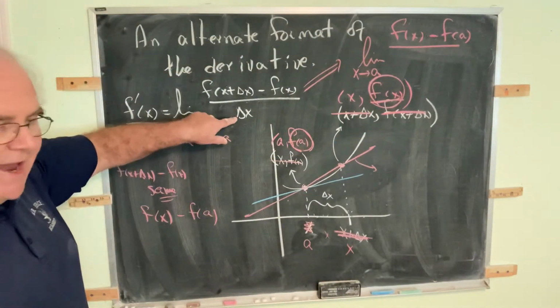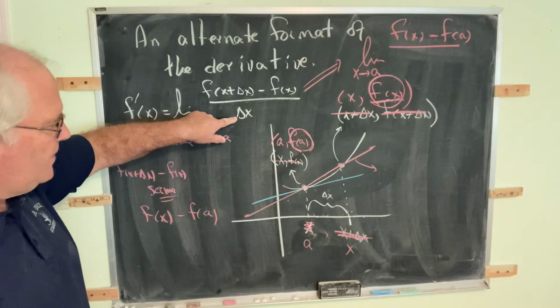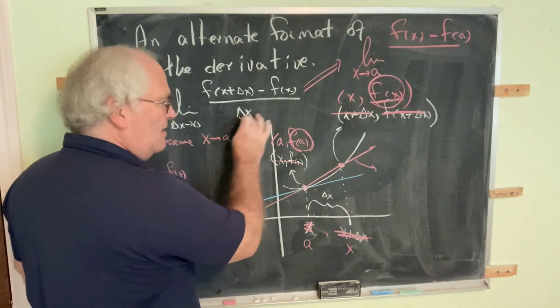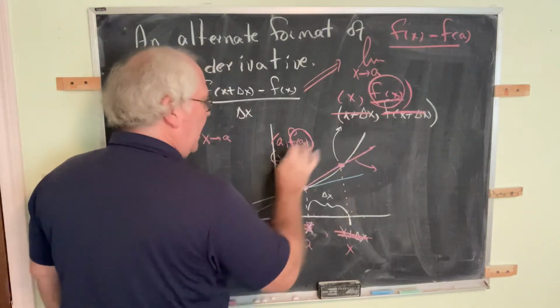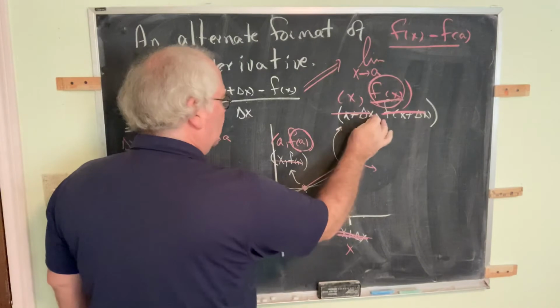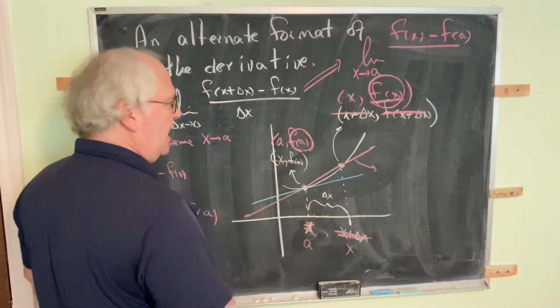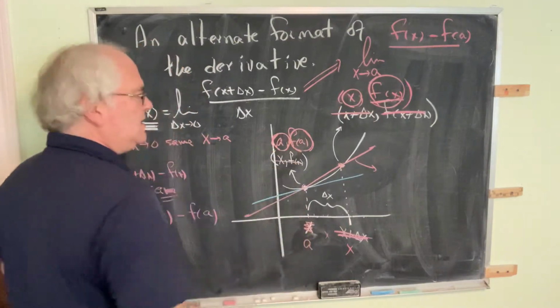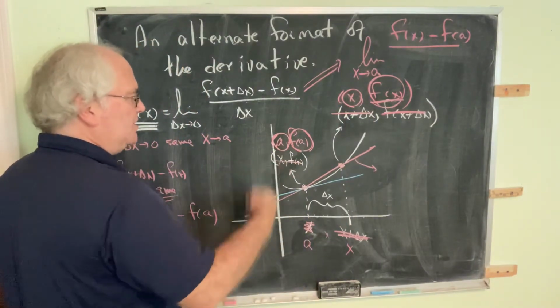And then what is delta x? Well, where did this come from? Remember, this came from the change in the x coordinate, x plus delta x minus x, and the x's fell out. But now I need to take this x coordinate minus that x coordinate. And there's no simplifying to do.